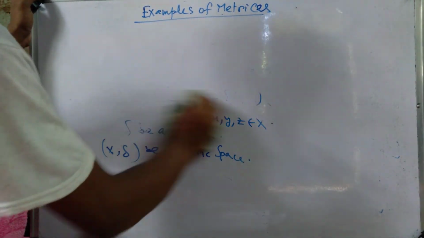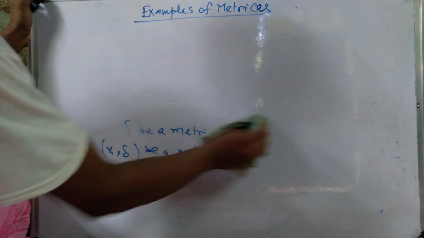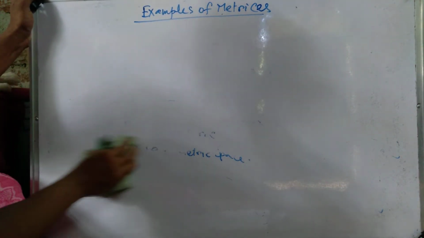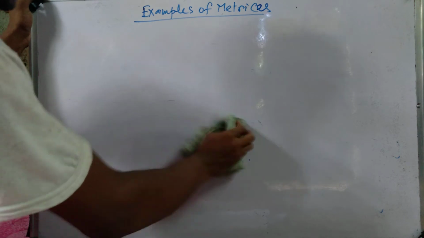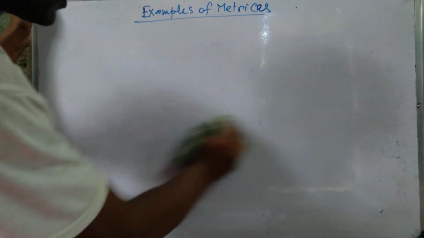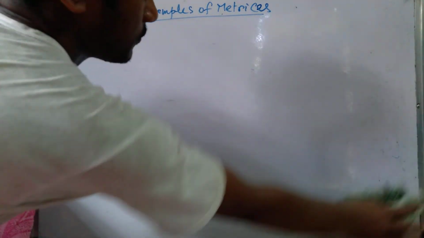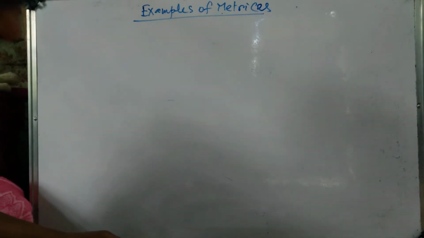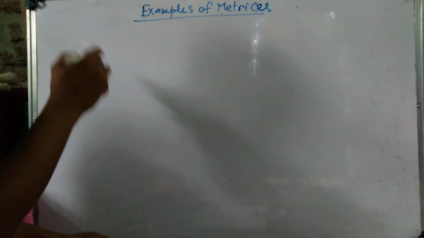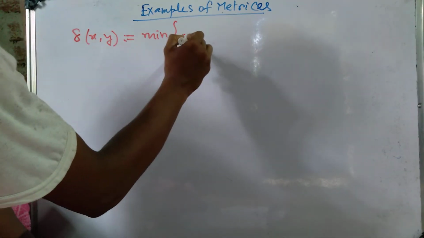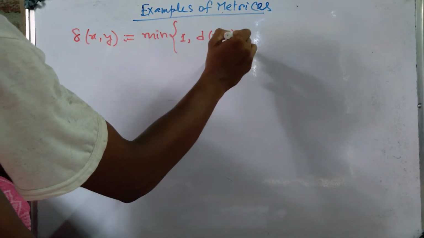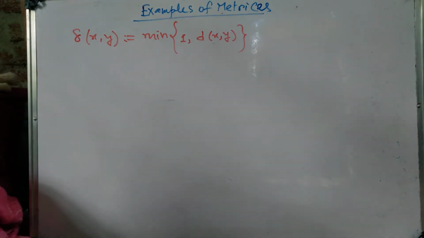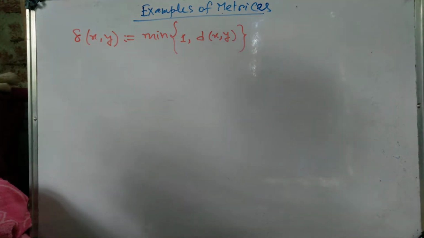That means if you handle metrics, if you are interested in metrics, then this familiar example is obviously needed for all. So we start with this. We define delta xy equal to the minimum of 1 and dxy. Then we have to prove that this is a metric.